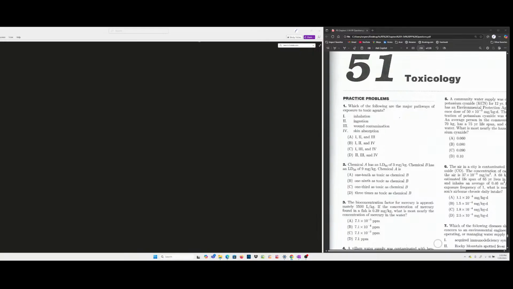Wound contamination is a little bit tricky, but no, I don't think so. Skin absorption, obviously yes, through sweat. So we have I and IV, so it's definitely going to be B. B is our answer.